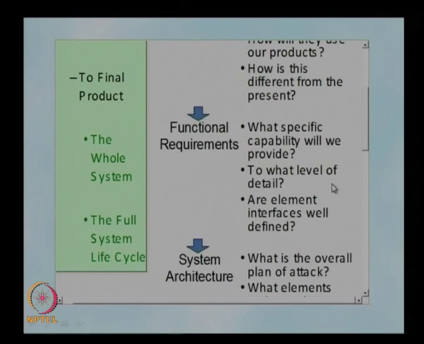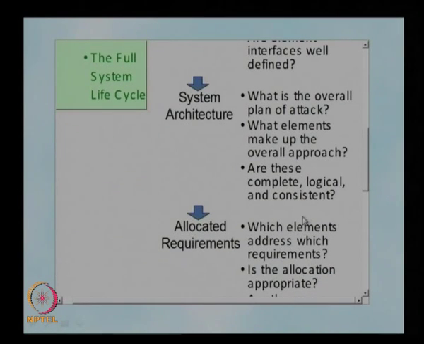Based on that, we go for the design of the system architecture. Here we address what the overall plan of attack is, what elements make up the overall approach, and whether these are complete, logical and consistent. Whether the plan satisfies the requirements will be identified and verified in the system architecture stage.